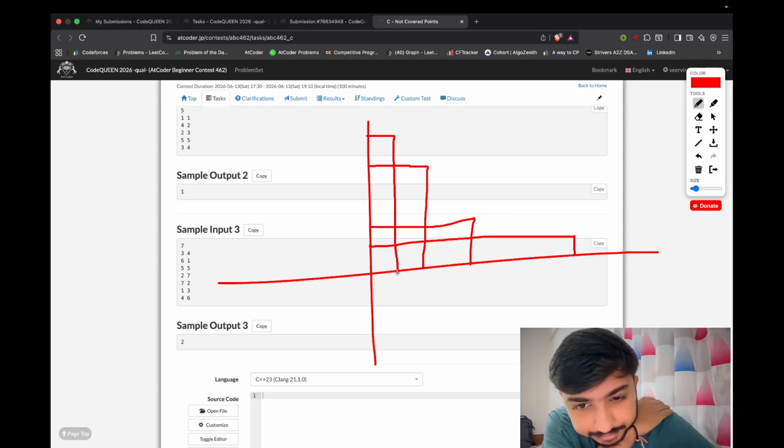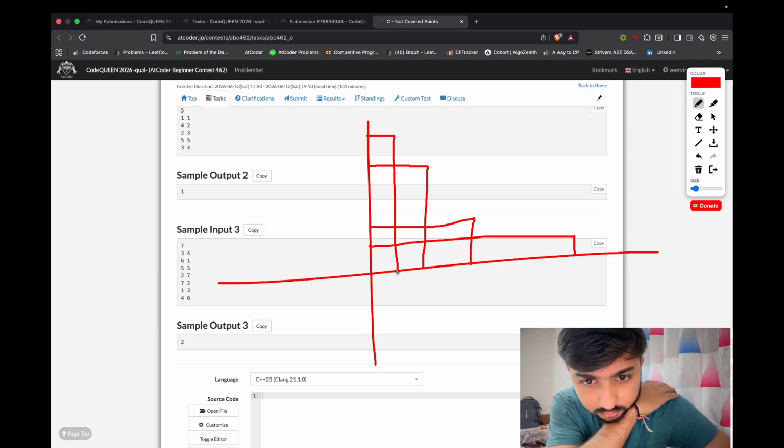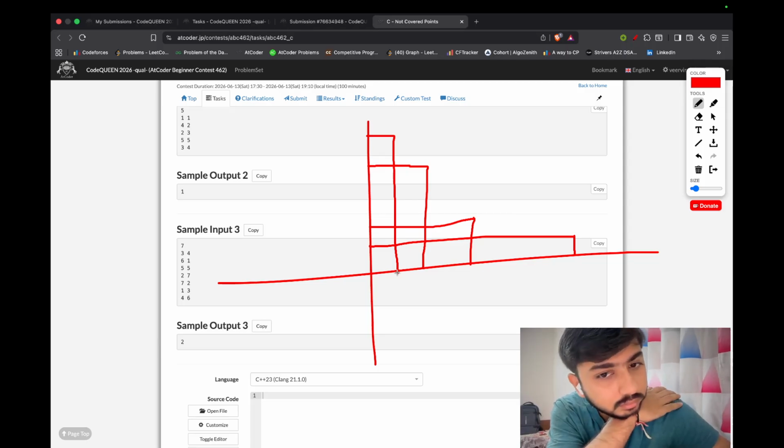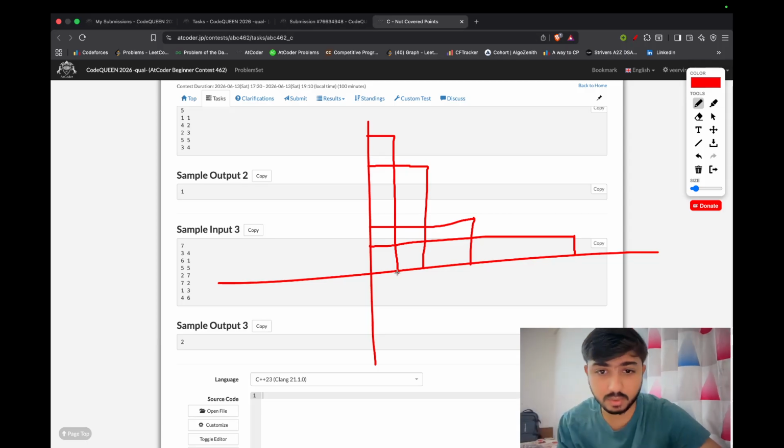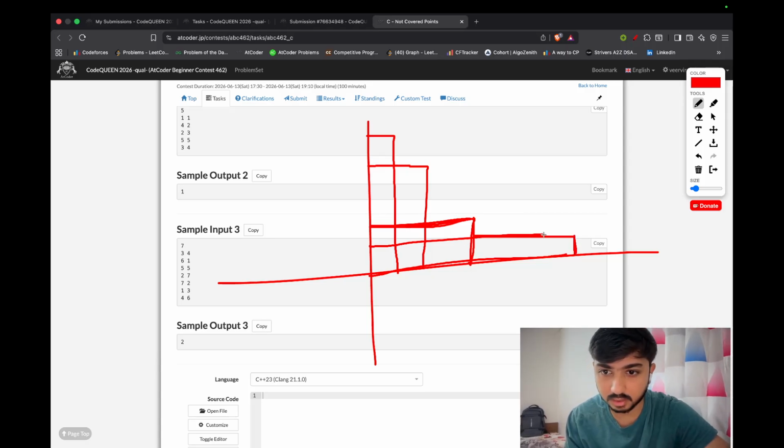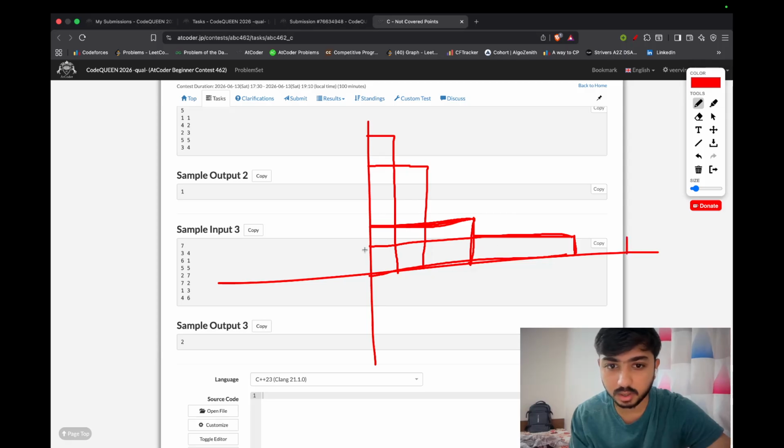Okay, so the observation we can make from here is, sort on the basis of x, smallest x, then store its y. Now for this, its y should be less than this height. Right. Cool.